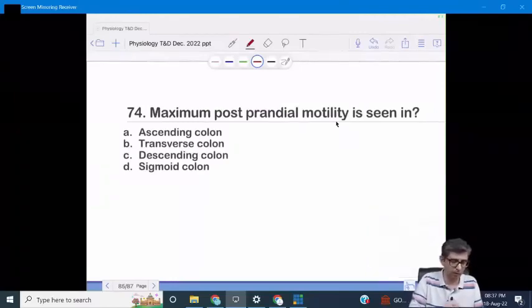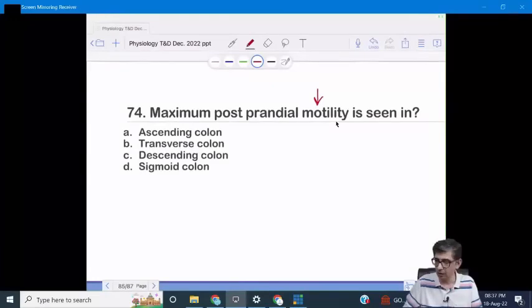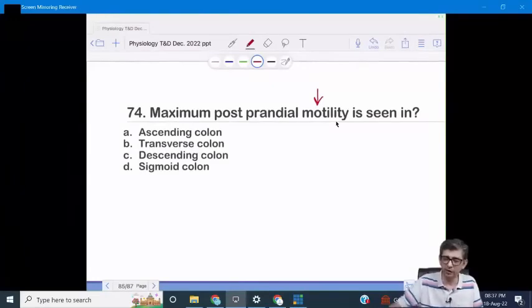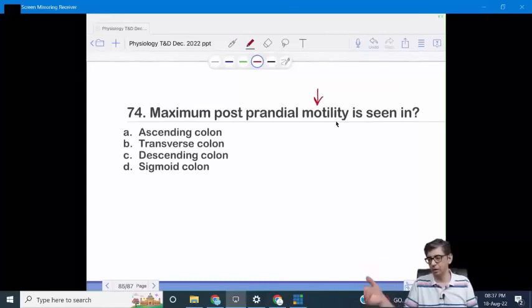Coming to 74. Maximum postprandial motility would be seen in which of the following areas? And the hint I can say is that some people, when they drink milk, they feel like going to the washroom. I mean, even in some people who are like old, maybe 30 years of age, 40 years of age, even they might tell you this, that as soon as I drink milk, I feel like going to the washroom.